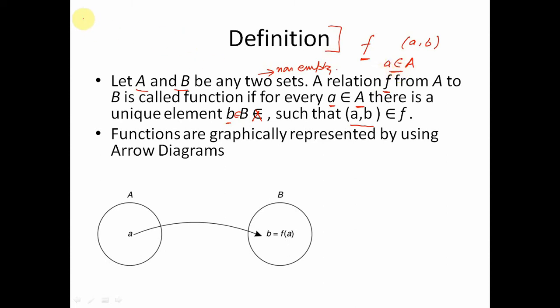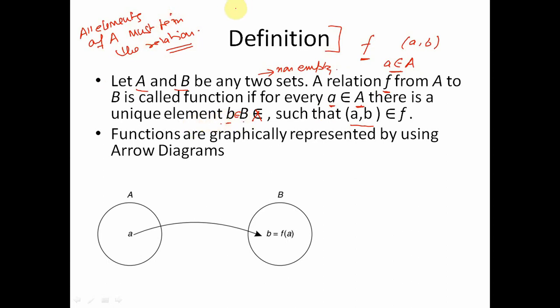That means the first important point is all elements of A must be in the relation. So the first condition for a relation to become a function is that all the elements of A, the first set, must be in the relation.